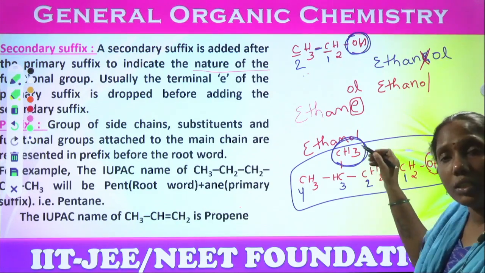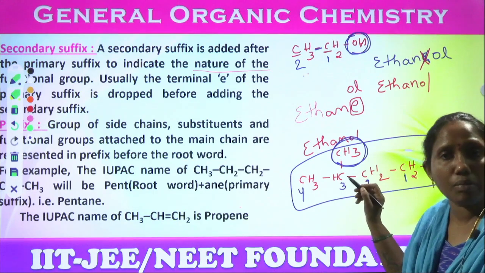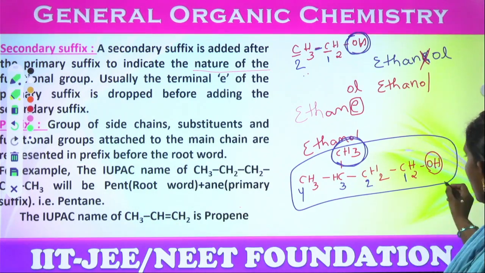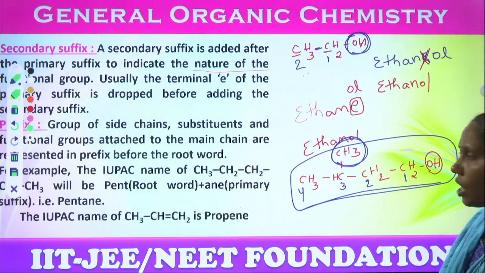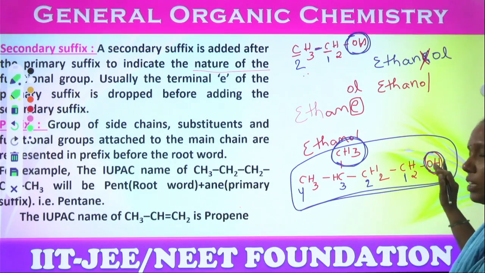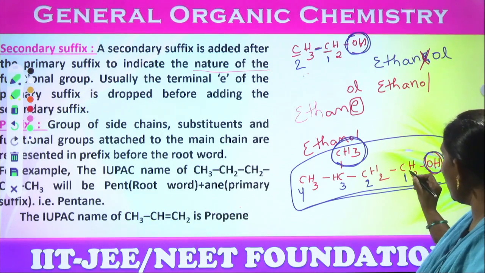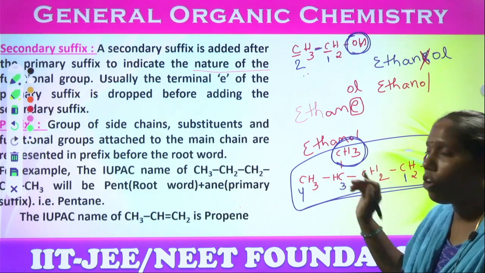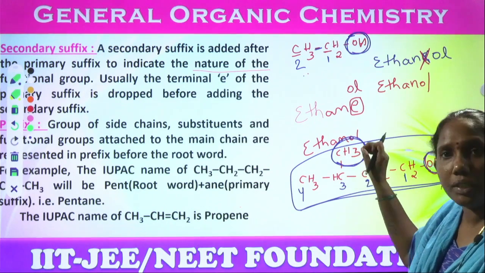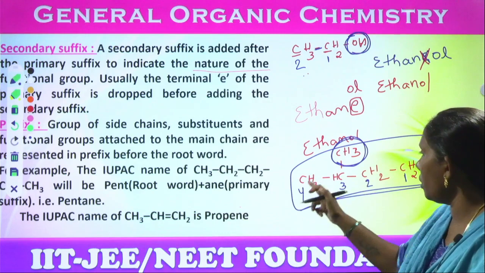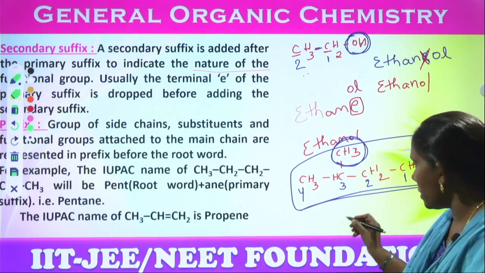Which carbon this substituent is on is also very important while writing the prefix. This is the straight chain, and on the first carbon the functional group is there. This one we will consider as the secondary suffix. First see 1, 2, 3, 4 carbons. Don't count this carbon; this one we are considering as the substituent. If 4 carbons are present, that is but.